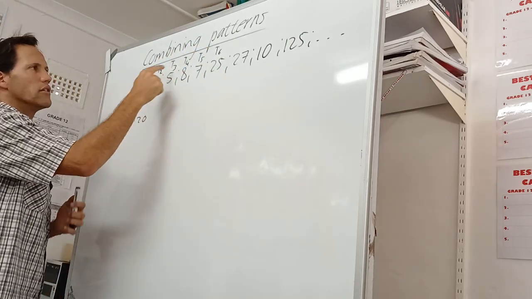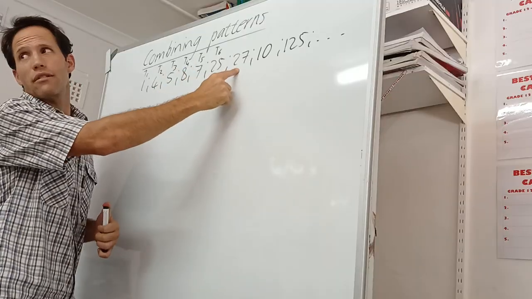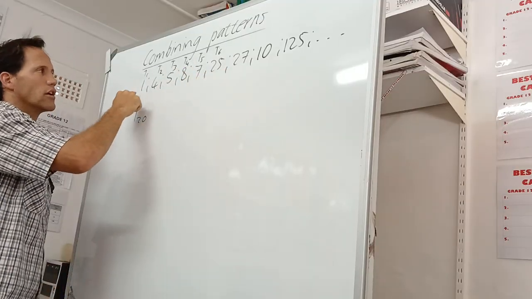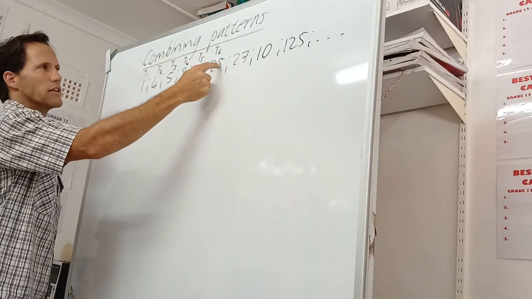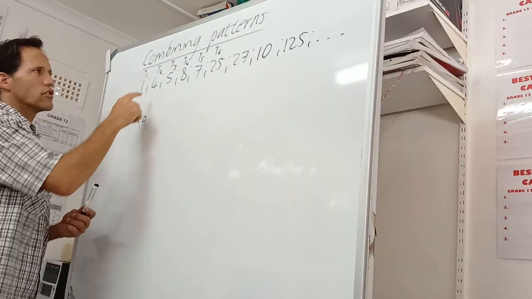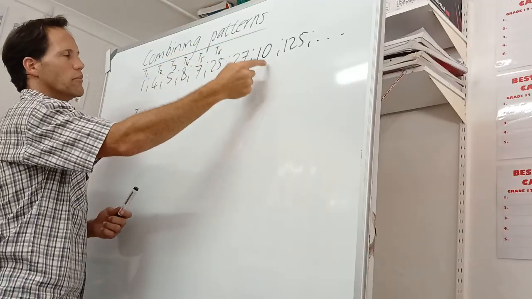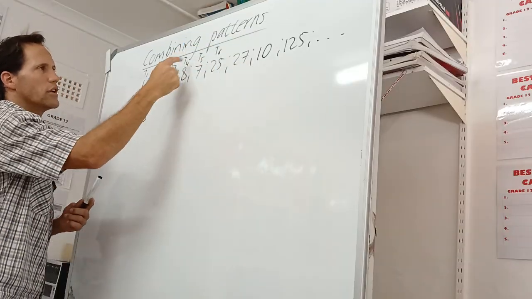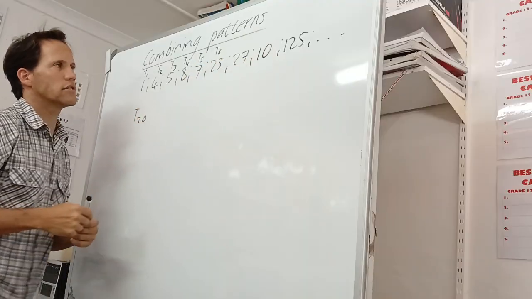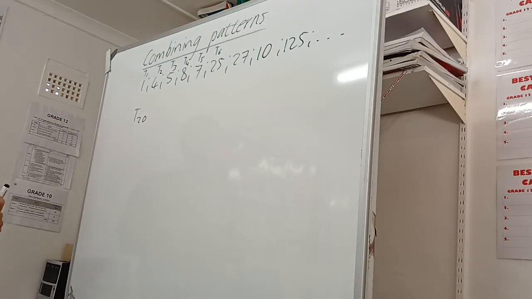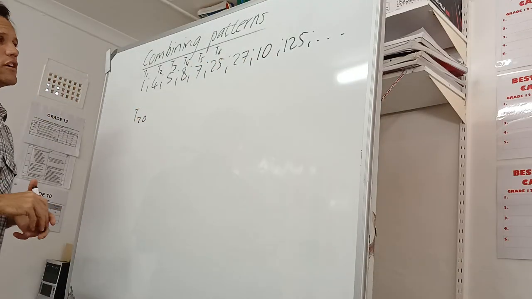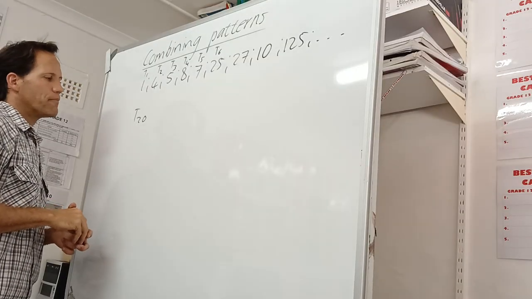So term 1, term 4, term 7 is the same pattern. So it's going to be plus 3, and so on. And then term 2, term 5, term 8 is similar. And then term 3, term 6, term 9 is similar. So what you can do is you can see every third term is the same.